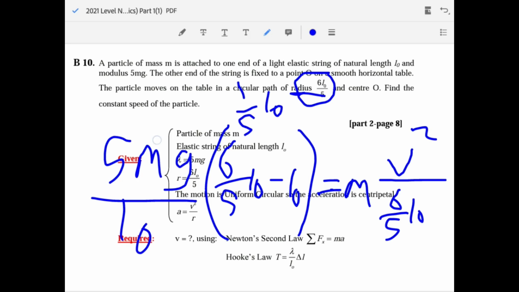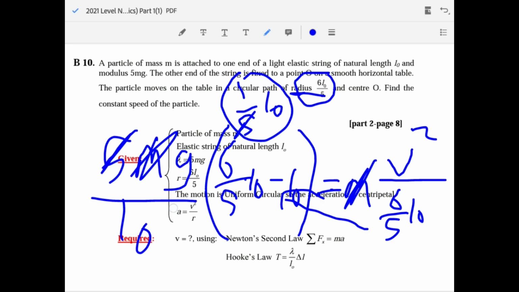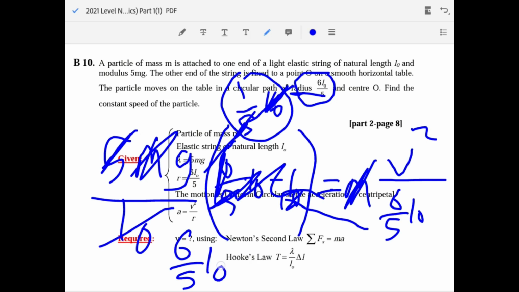Now, just some simplification. M cancels, and then here you get 1 over 5 L0, so the 5 cancels, and then you can move the L0 up. So the L0 here and the L0 here cancel. I know it's a bit hard because I made it hard. So 1 over 5 L0 cancels, and the 6 over 5 L0 is brought up. So 6 over 5 L0 g is equal to V squared. So V is the square root of that.